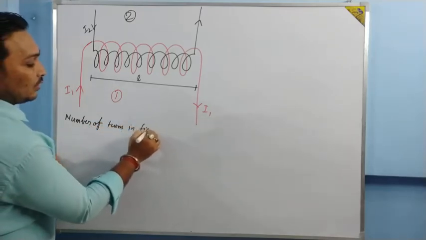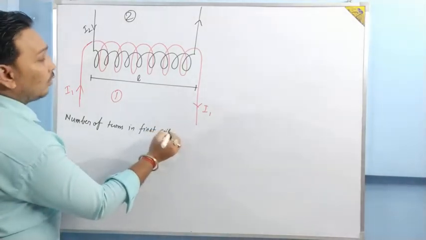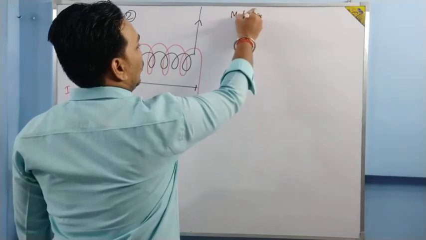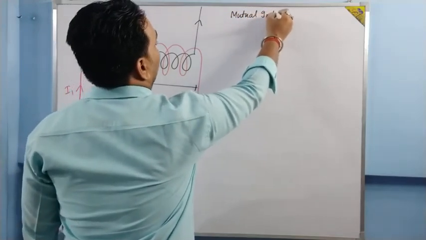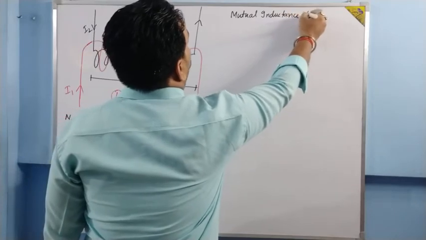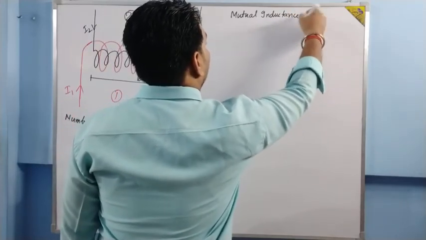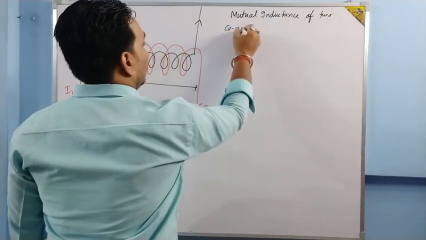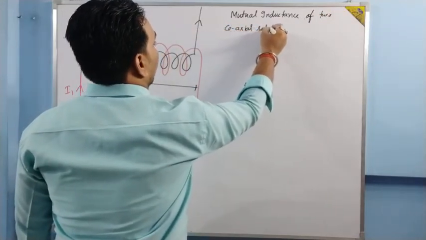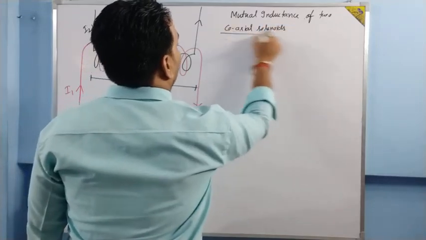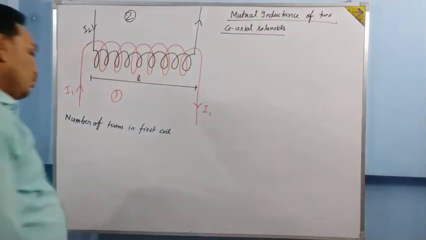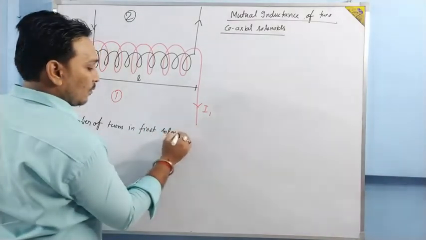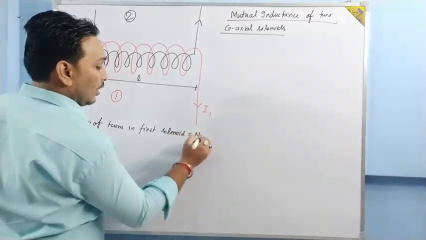in the first coil. What is the heading of this topic? Heading is mutual inductance of two coaxial solenoids. Okay, this is the heading. So, number of turns in the first solenoid is N1.